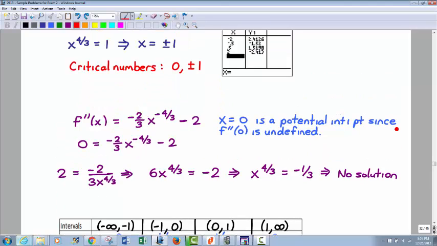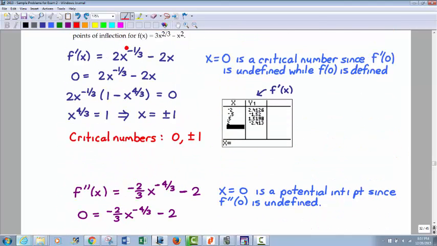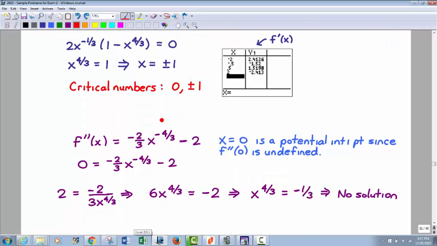Now let's look at the second derivative. So here was the first derivative. -1/3 times 2 is -2/3. This one's actually going to be a little easier. -1/3 minus 1 is -4/3. So you have -2/3 x to the -4/3 minus 2. Once again, that drops down to the bottom.